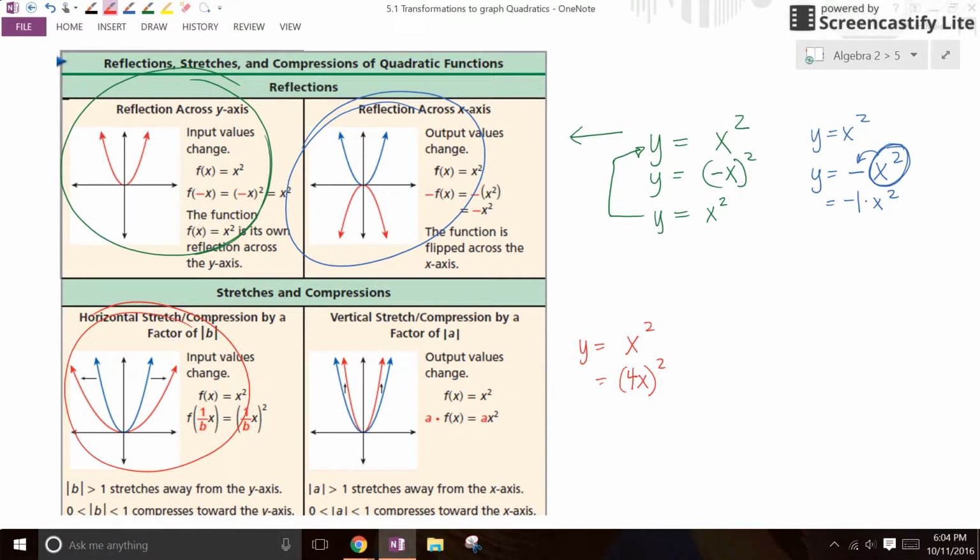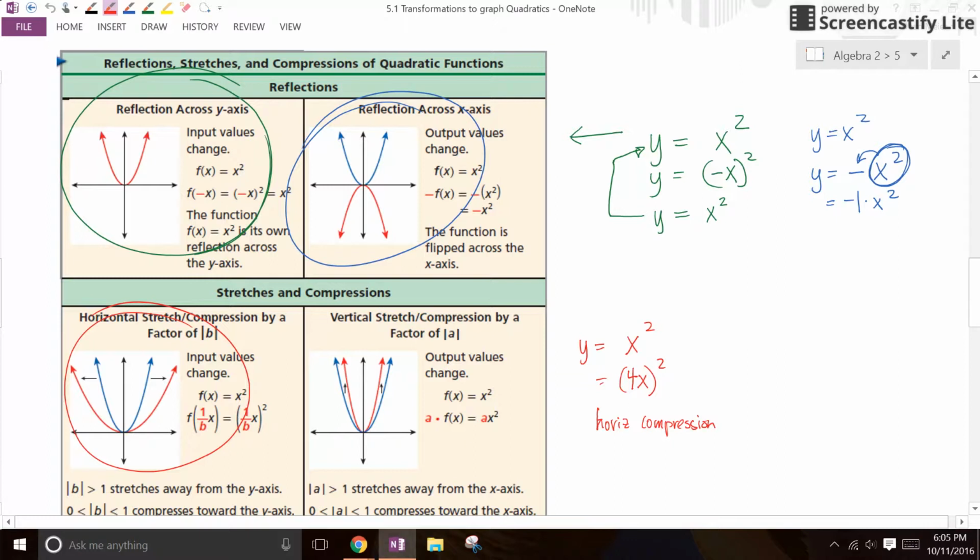But horizontals are odd, and you always have to do it a weird way. So in fact, multiplying this by 4 is actually a compression. What? This is going to be a horizontal compression of 4, or 1/4 if you want to know what the factor is, right? So you would compress this thing horizontally by a factor of 1/4. It would get skinnier, is what you want to think of. It gets compressed horizontally, left to right. It is getting smushed together from the sides, and that would make it a skinnier graph.